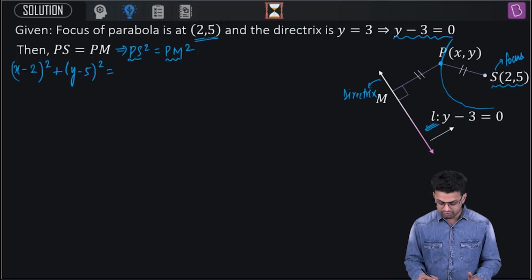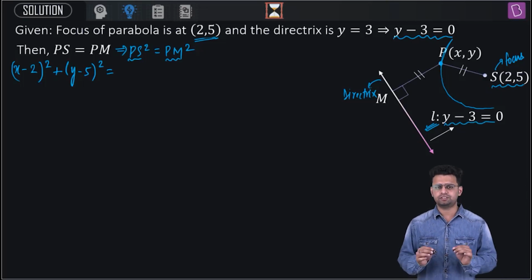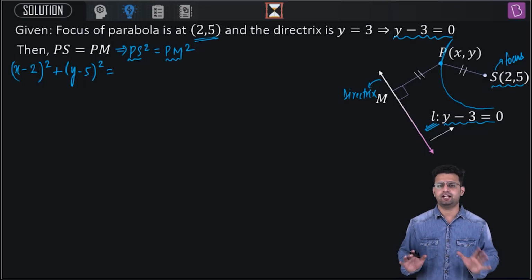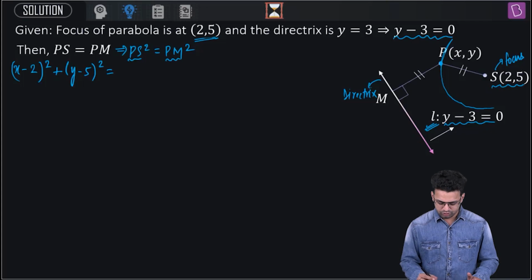Correct? So our given line is y - 3 = 0. I am going to rewrite this equation in the form of the general equation of a line, so that we can conveniently find the values of the set of constants a, b and c. So y - 3 = 0 can be written as 0 times x, there is no term containing x, plus 1 times y - 3 = 0.